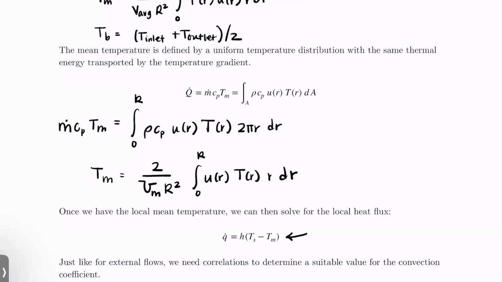So this is the same one that we've been using. Looks like that. But we still have h in here. We still need to find h. So just like for external flows, we need to find a correlation to determine what h should be.